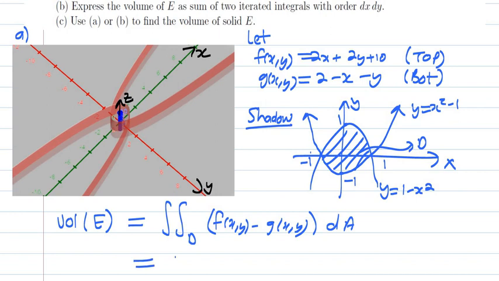Now we know what the top surface is: that is 2x plus 2y plus 10. We know what the bottom surface is: that's 2 minus x minus y.